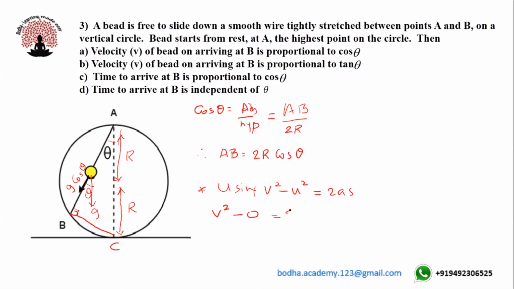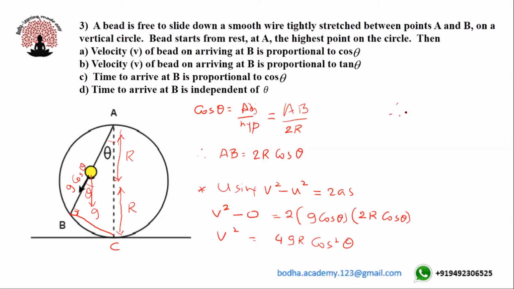So it equals 2, and in place of a we have g cos theta, and in place of distance we have AB, which is 2r cos theta. So we get v square is equal to 4gr cos square theta.